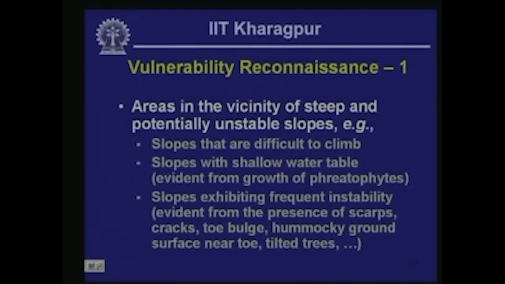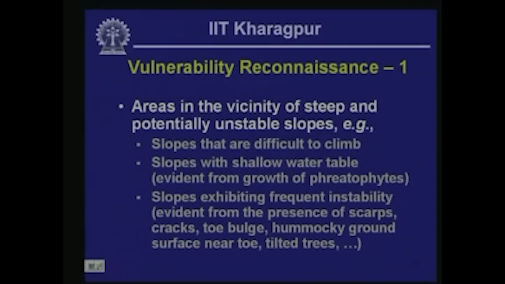Then thirdly, slopes exhibiting frequent instability, and that is evident from the presence of scarps, cracks, toe bulge and undulating or hummocky ground surface near the toe, tilted trees, tilted electric poles, and so on and so forth.